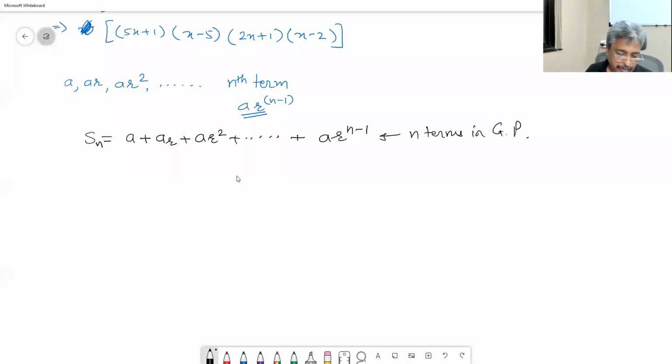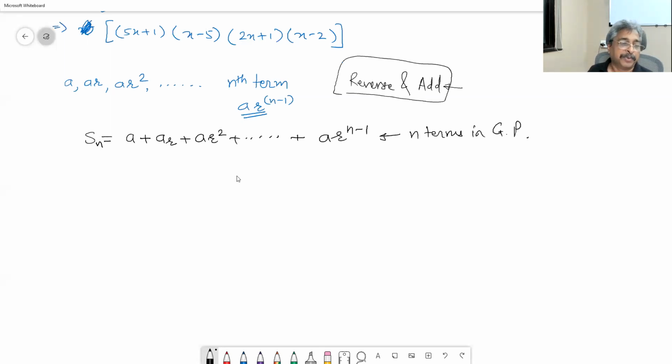When it was arithmetic progression, it was reverse and add. Because the common difference between two consecutive terms was the same, reverse and add worked really very well. Here the ratio is the same.